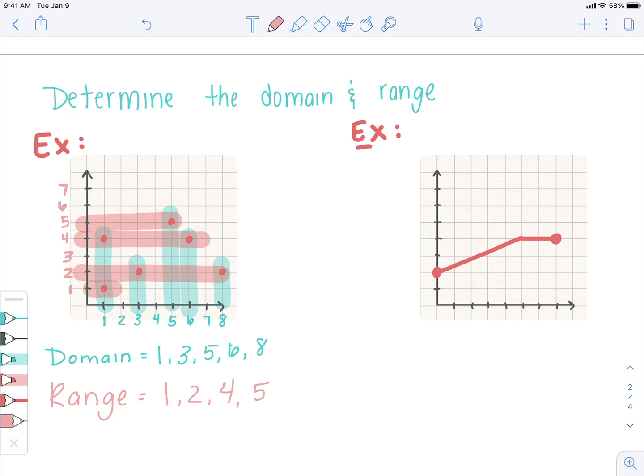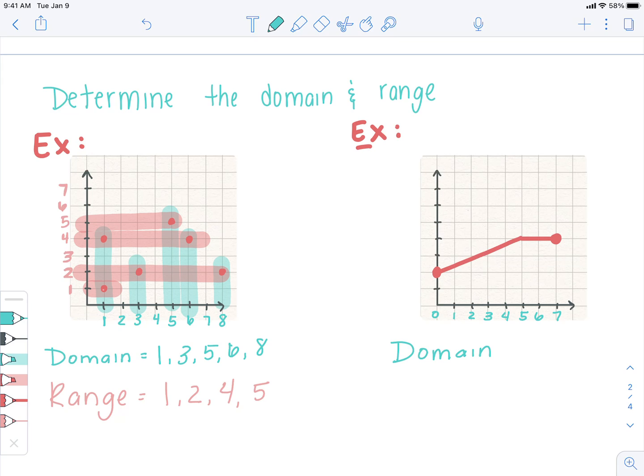So for my domain, I want to know the first x value on my graph and the last x value on my graph. So I want to know where it starts and where it ends.